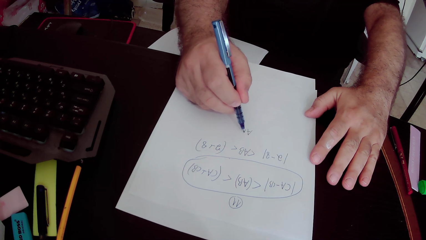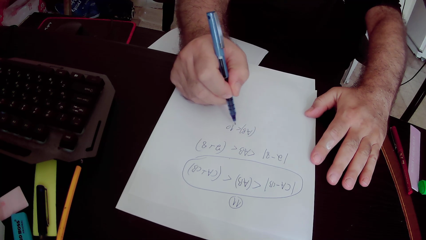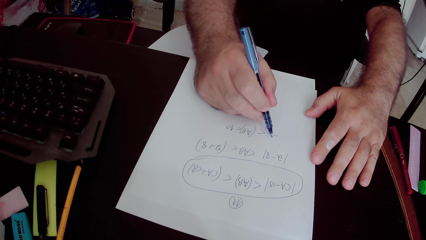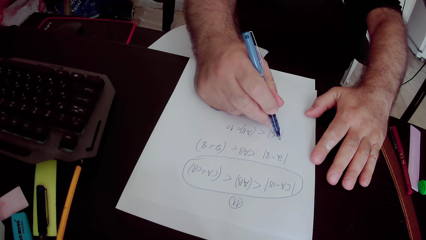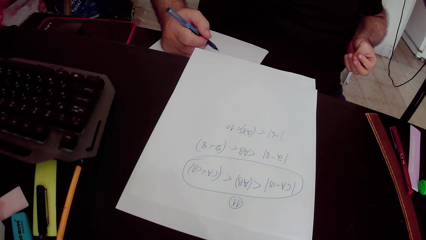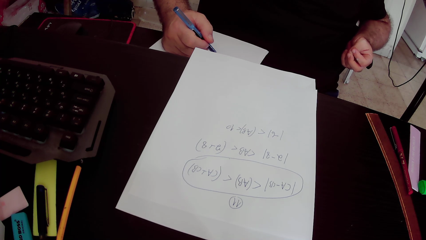AB is smaller than 2 plus 8, which is 10, and it is greater than 2 minus 8, which is minus 6, and the absolute value of minus 6 is the distance of the number minus 6 from 0. The distance of minus 6 from 0 is 6 units.